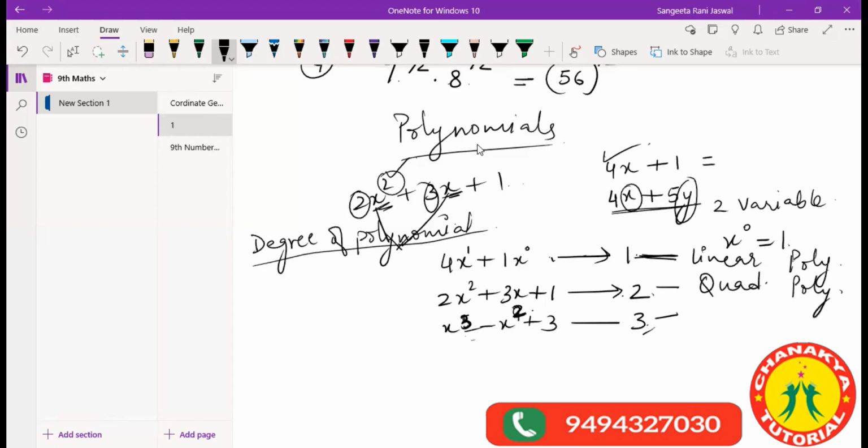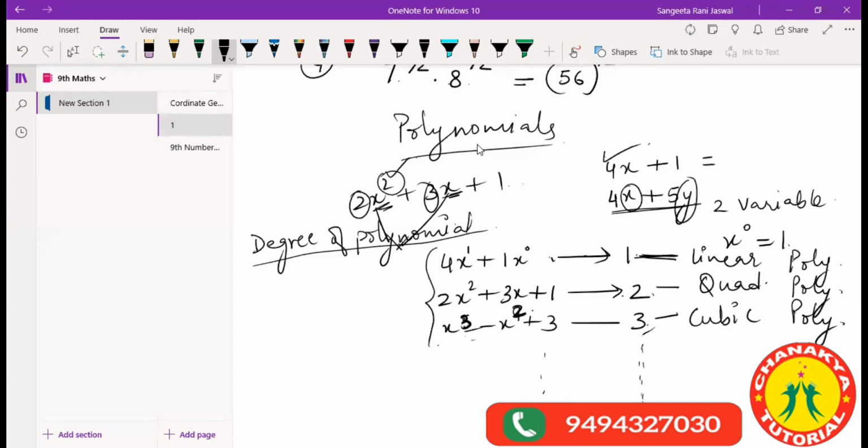Similarly, any polynomial with the highest degree as 3, we call it a cubic polynomial. Okay. And so on, this goes on. But we will be studying these types in this chapter. Okay, children.